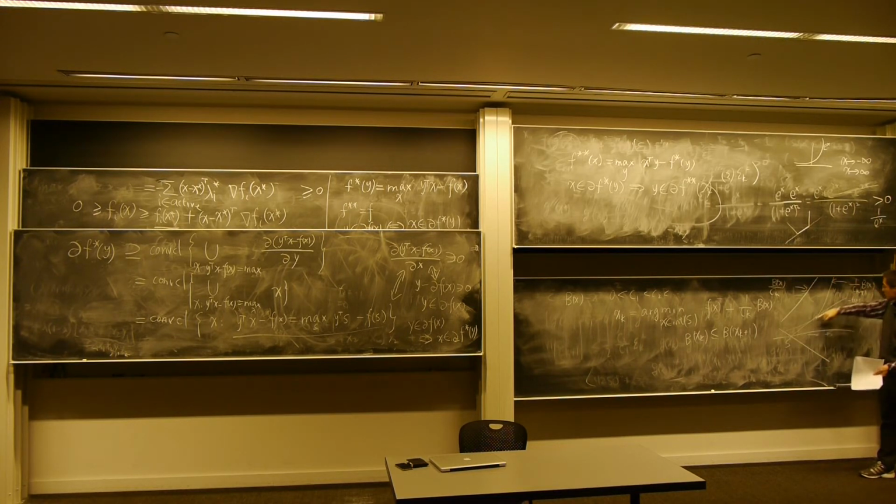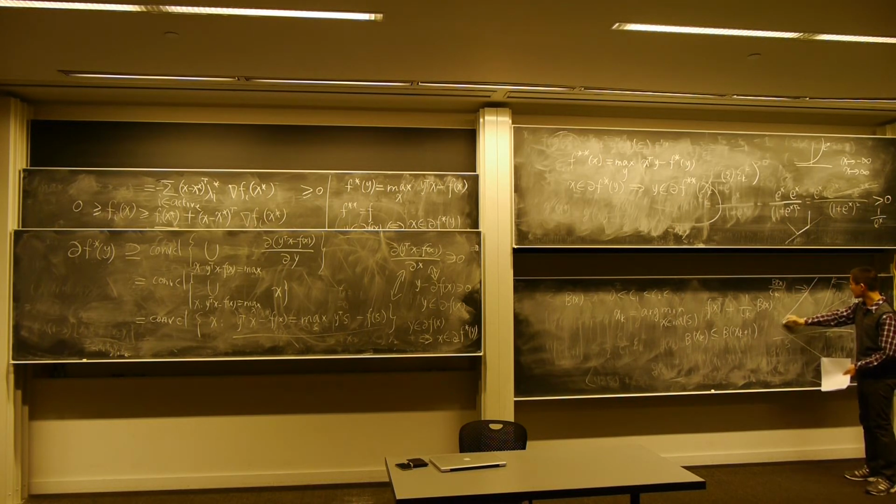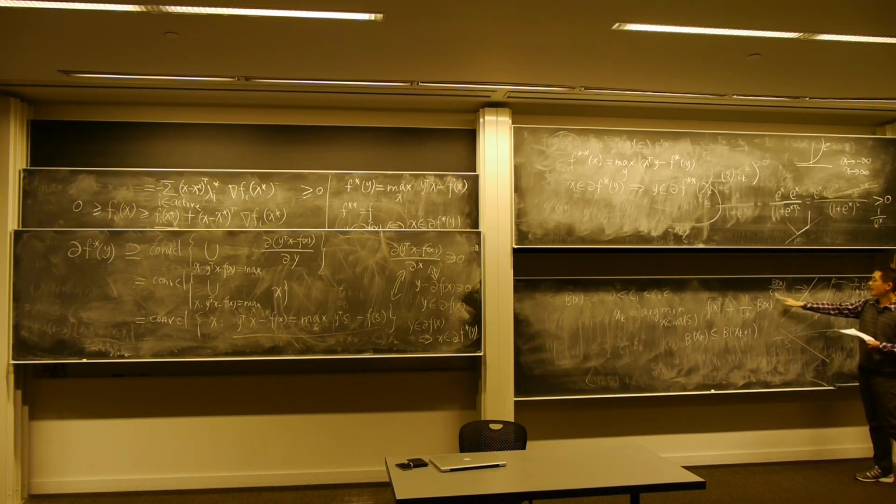So that means the gradient of negative f(x) has to meet the gradient of this 1 over c_{k+1} b(x). So we are here. For the other one, we are here. So several conclusions we can draw is that whenever c_k becomes larger, the optimal solution gets closer to the boundary.